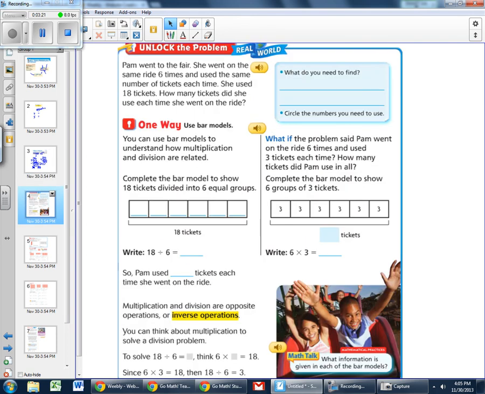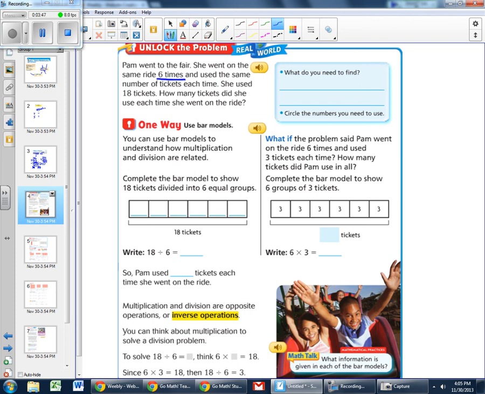Diving into our lesson. We are starting on page 235, relate multiplication and division problems. Again, how can you use multiplication to divide? Pam went to the fair. She went on the same ride 6 times and used the same number of tickets each time.